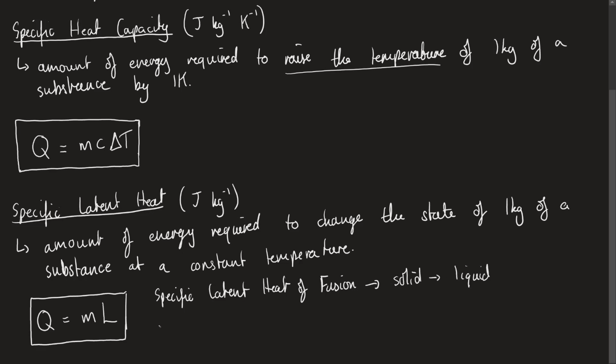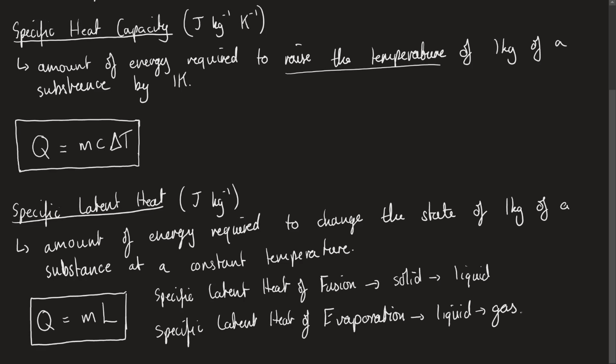And then if we were to take the specific latent heat of evaporation, you can already tell that this is going to take it from a liquid to a gas.